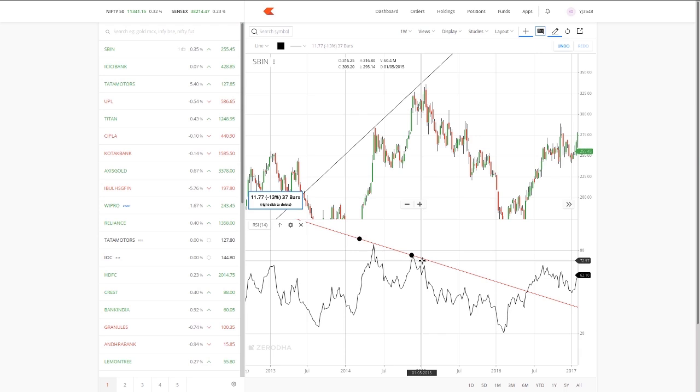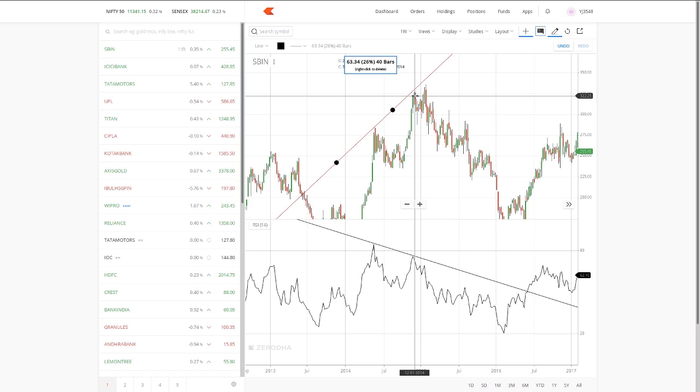Now what does this imply? What does it signify? We'll cover that going forward. But as you can see, the price was showing an upward trend, whereas if you look at the indicator at this point, in this week, because it's a weekly chart, you would easily see that a divergence has occurred between RSI and price.